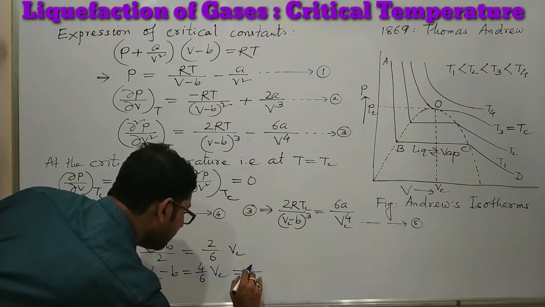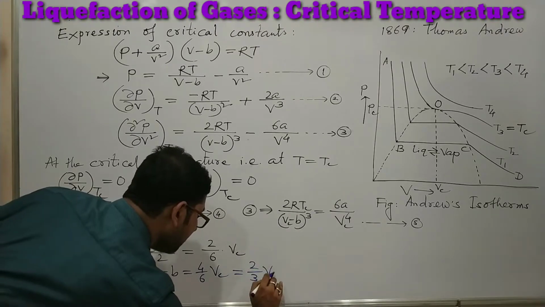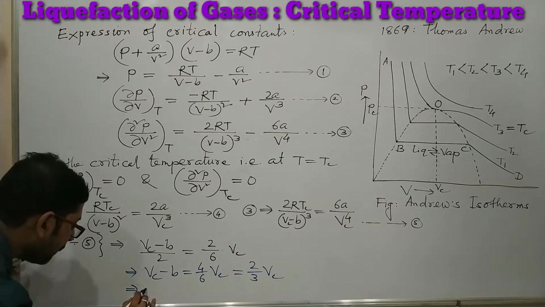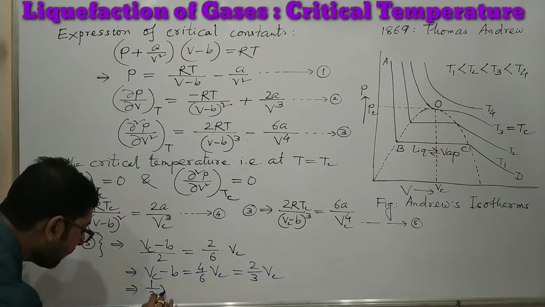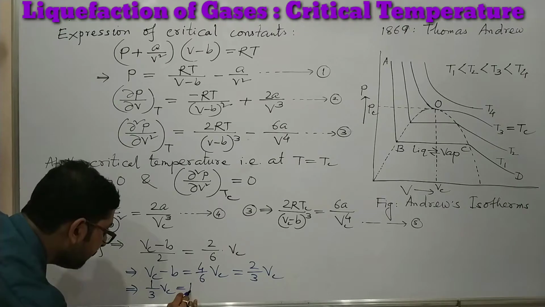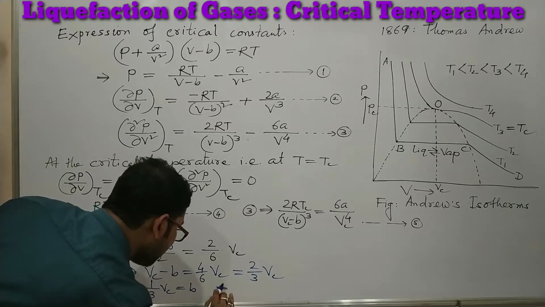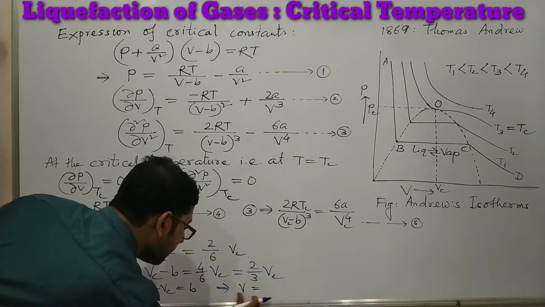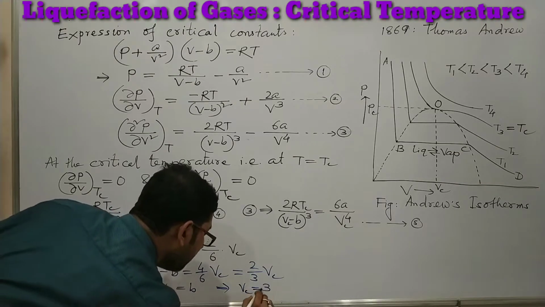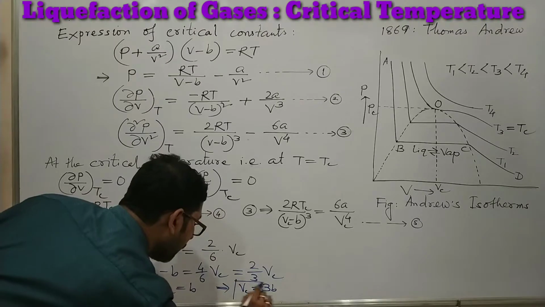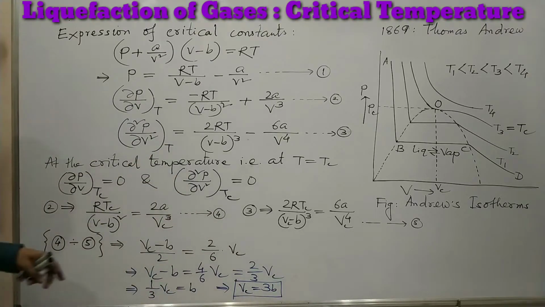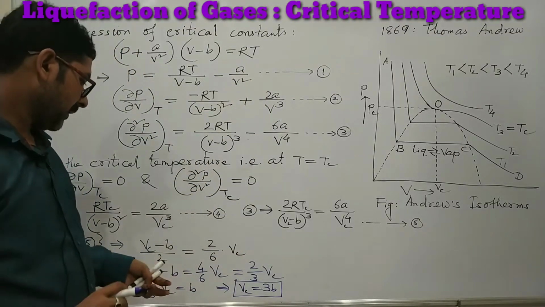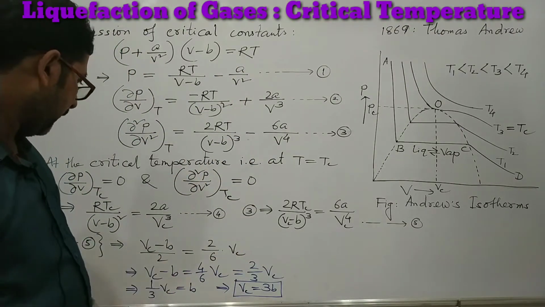This is actually 2 by 3 into Vc, which gives us 2 by 3. This is 1/3 Vc is actually B. This gives us Vc equal to 3B. Okay, this is the critical volume of van der Waals gases.